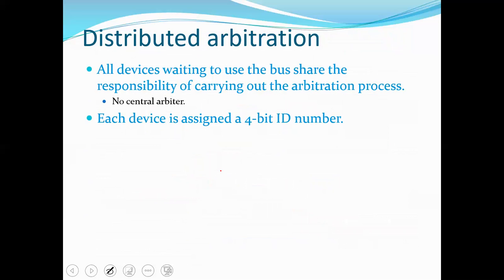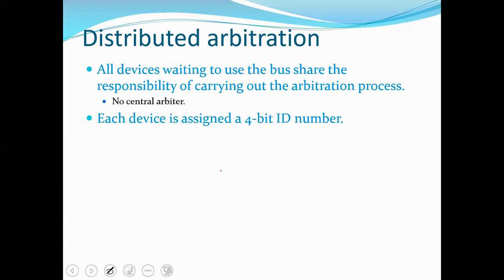In distributed arbitration, as I told, all the devices which are requesting for the bus are involved in the selection of the bus master, or they are involved in the bus master arbitration process.